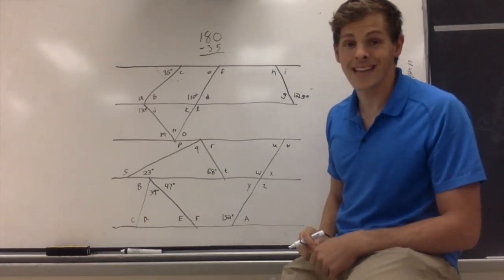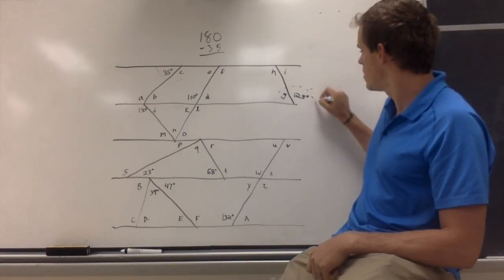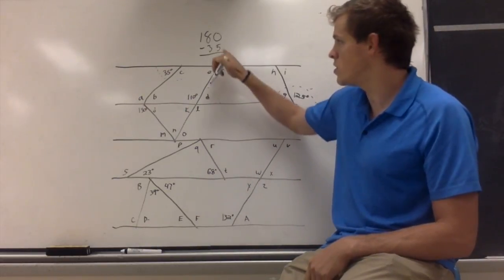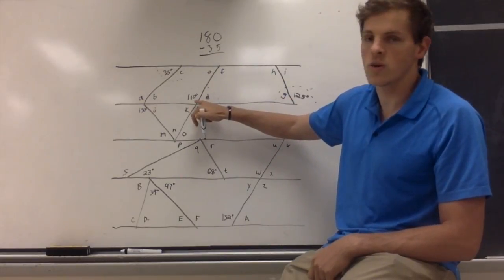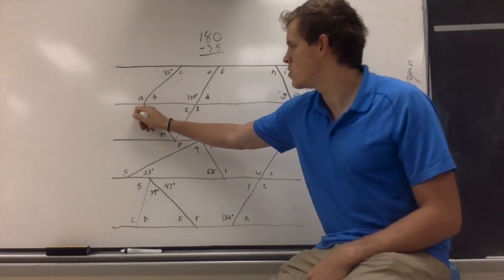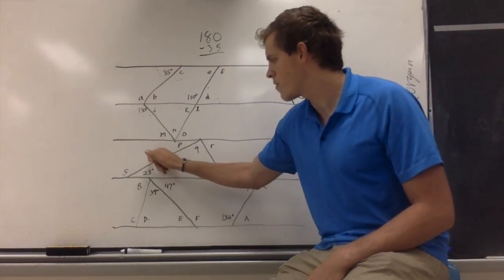You can do that same thing for this, and for this. Now you wouldn't use 35, but for this one you'd use 110, this one you'd use 125, this one you'd use 130. I think you get the picture, right?